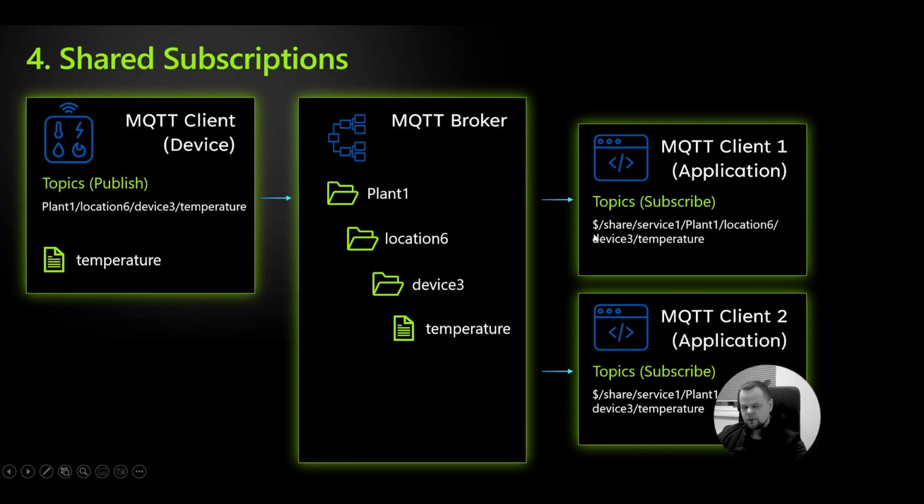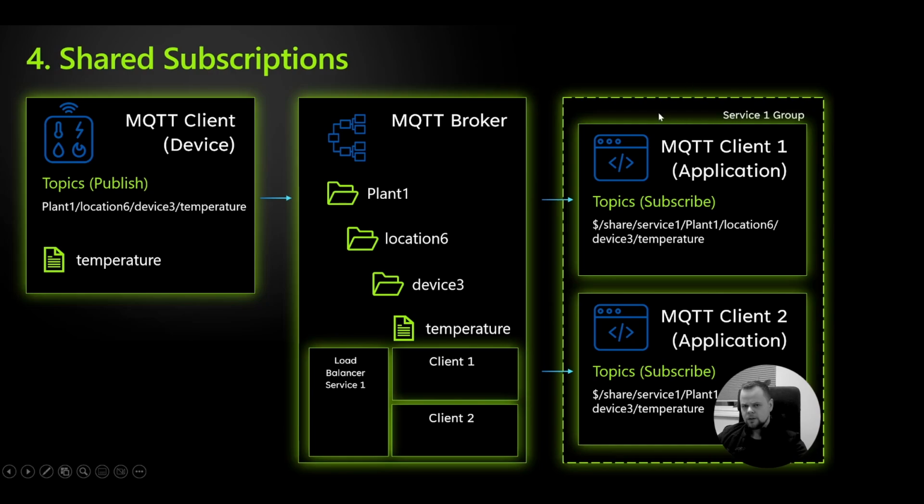One is just the identification that this is a shared subscription, and the second one, in this case service 1, just identifies that certain instances of the application that will be subscribing need to fall into the load balancing group here. So you see here is just the logical definition of the service 1 group. And also service 1 load balancer, I call it in brackets, right? There is no technical load balancer inside, it's just the way the load is logically distributed.